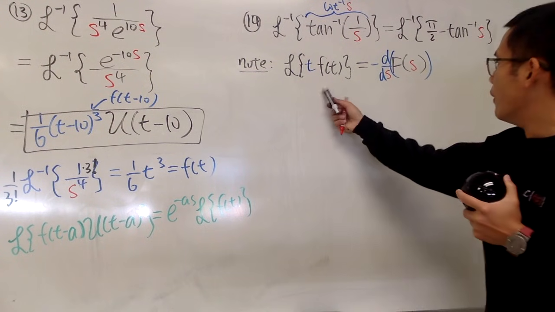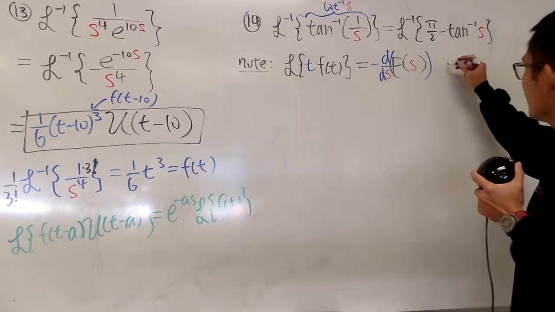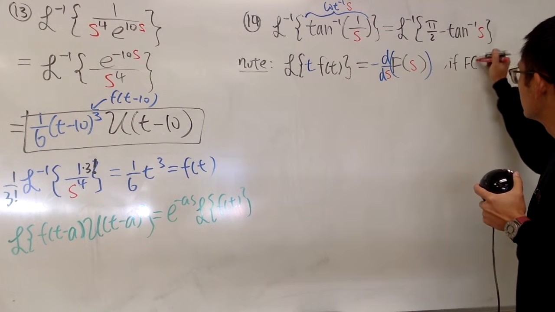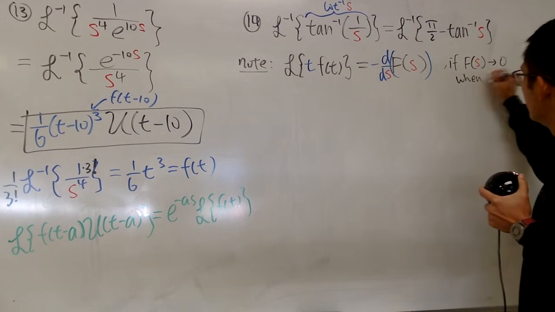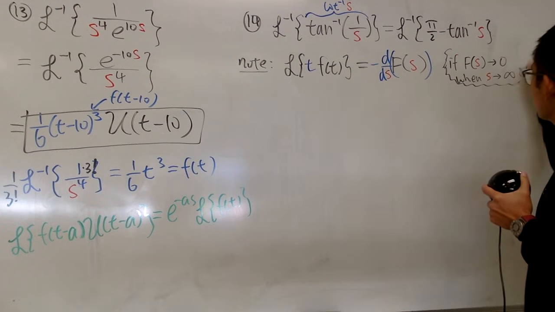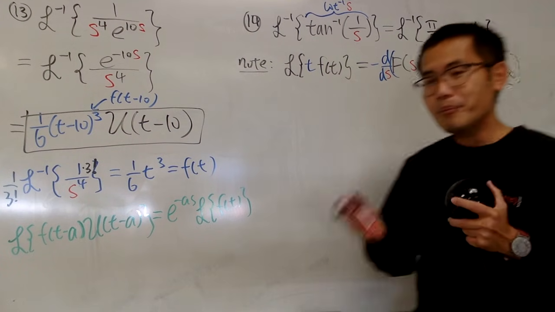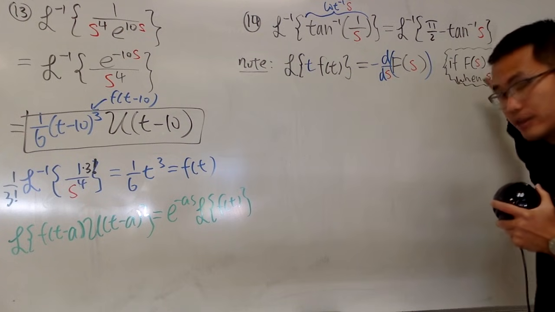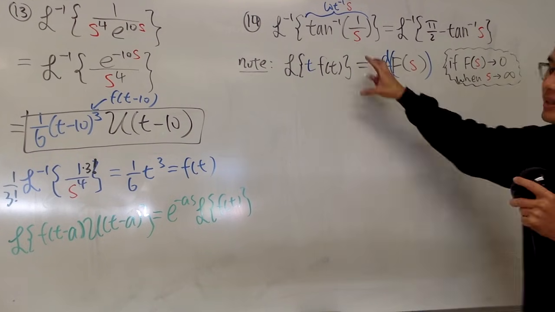I will have to tell you, this only works precisely if F of s approaches 0 when s goes to infinity. This is just a little note for you guys, because in fact Mu Prime showed me a counterexample. If I don't have this condition, then this is not entirely true, but with this condition, this is true.